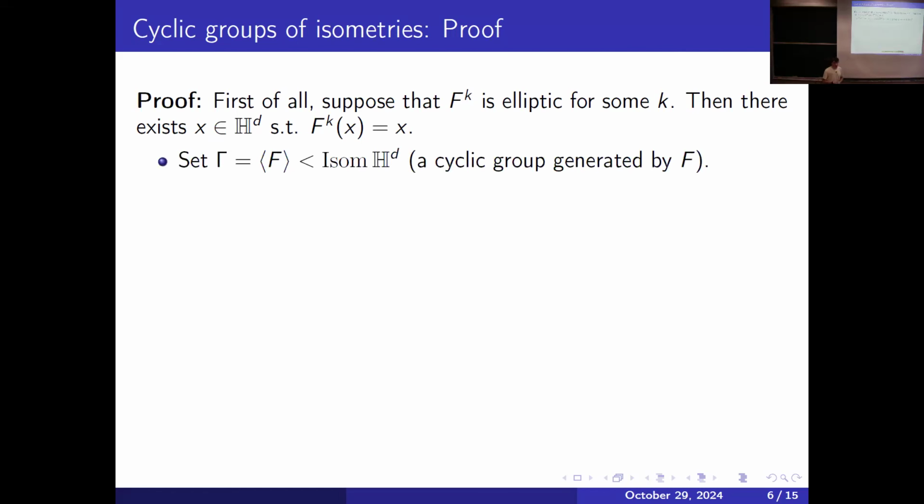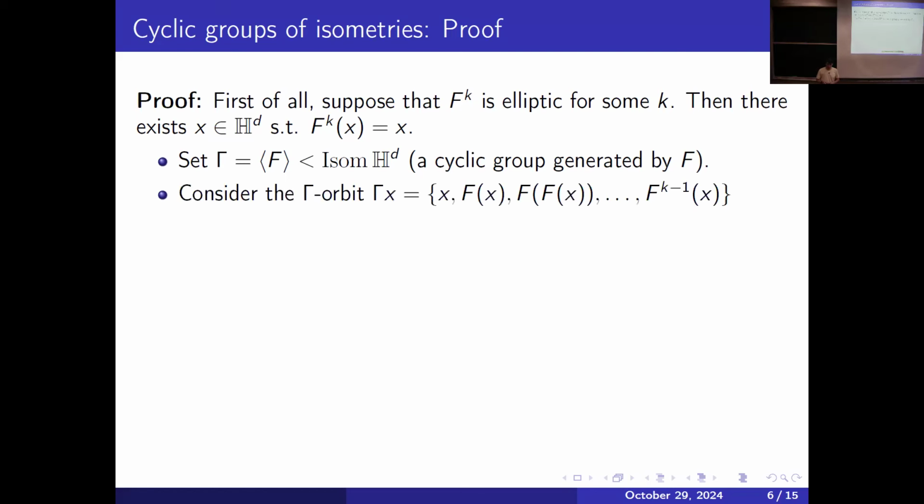Great. Then we consider the cyclic group generated by this isometry f. That's why this section is called cyclic groups of isometries. And this group gamma gives us the gamma orbit, gamma x, which consists of how many? k elements, right?